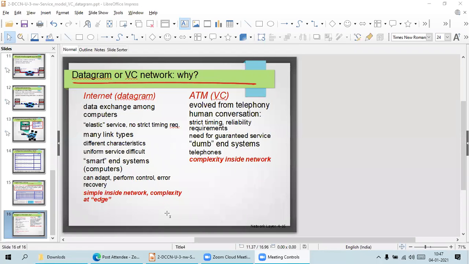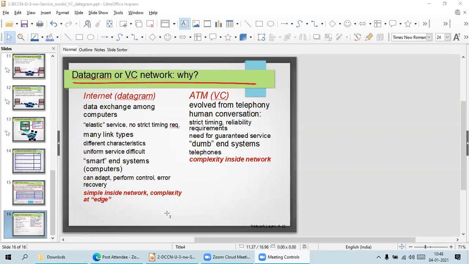Data exchange among the computers. ATM evolved from telephony, human conversation. If you want to develop an application for transferring telephony human conversation, in that case you have to choose the ATM service model.